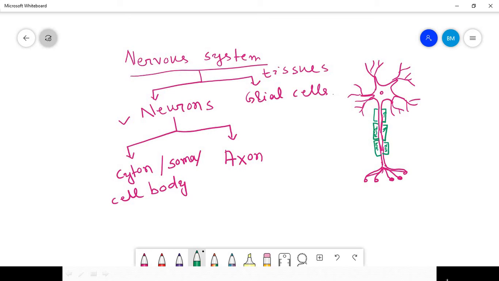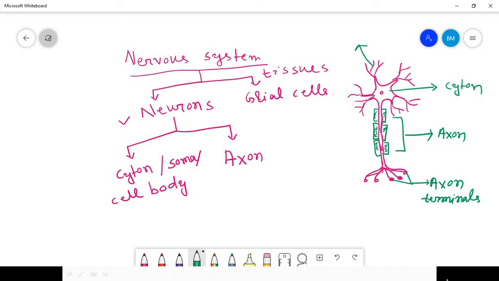This is cyton, this is axon, and these are the axon terminals. And these branches which arise from cyton are called as dendrites.